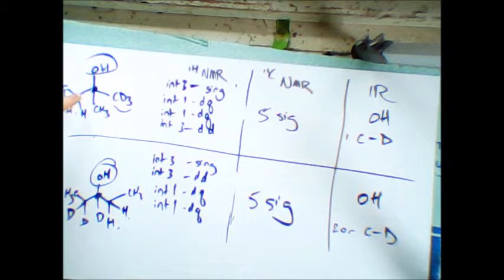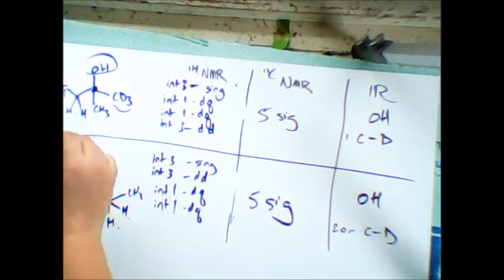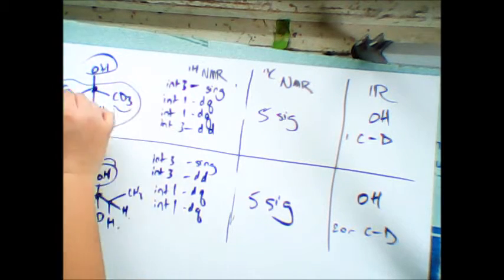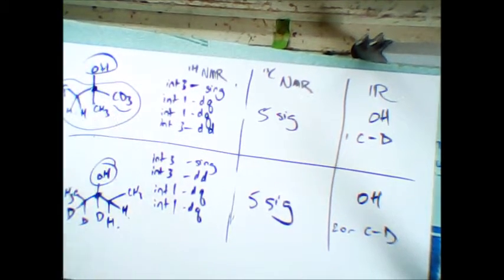This OH is on a tertiary center, which means it's fairly stable for him to leave. This one is on a secondary carbon, so it's not going to leave as readily. So you're going to see the fragment representing this chunk a lot more prominently for this one than you would for this one.